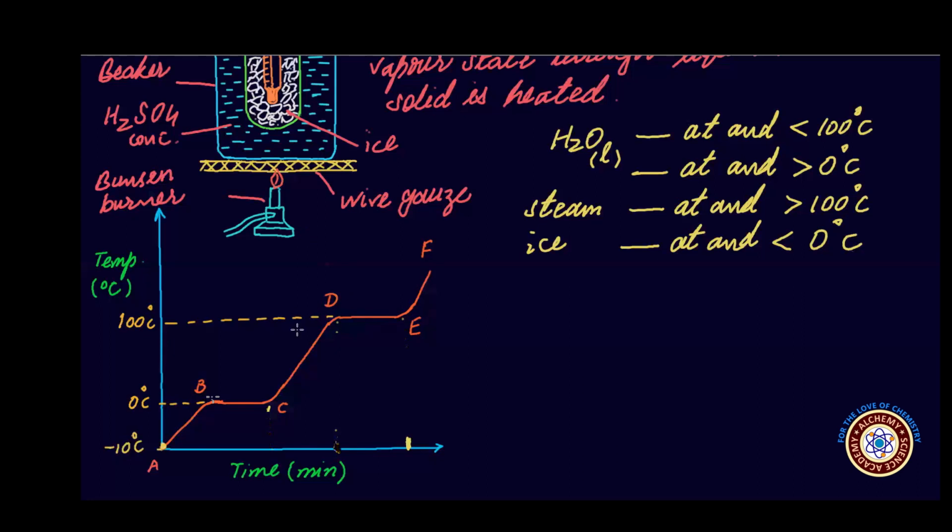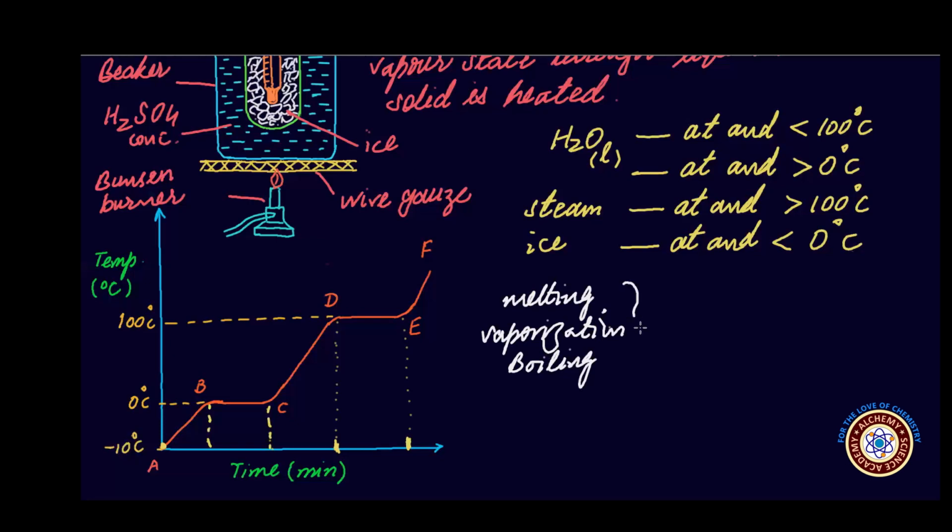Now why is it happening so? Let us see. We know that when a solid is heated, it melts, and similarly on heating a liquid, it vaporizes. The processes are called melting and vaporization respectively. Similarly, a liquid boils at its boiling point.